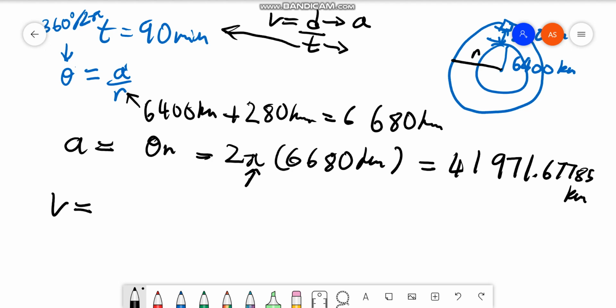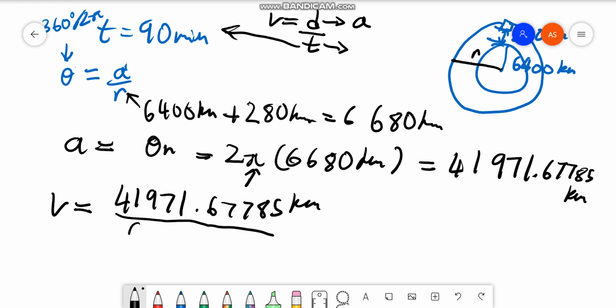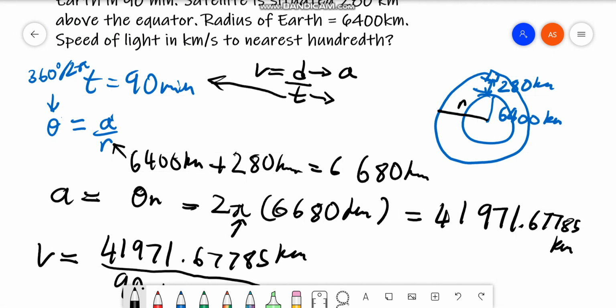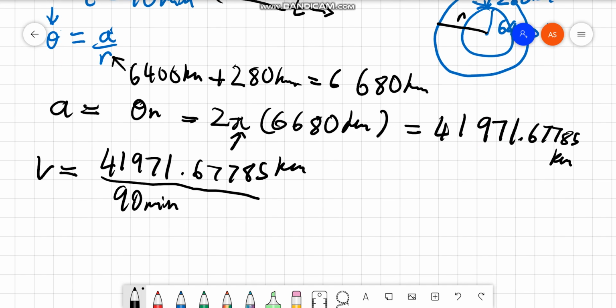So now you know A, so you can find the speed. Speed is the distance, which is A, 41971.67785 kilometers, over the time, which was given as 90 minutes. But we want it in kilometers per second, as the question asks for kilometers per second, so we need to convert it.